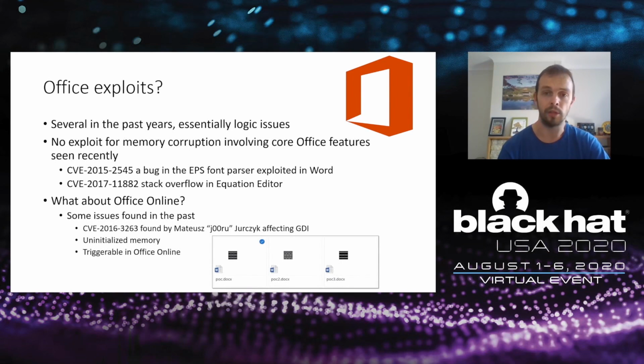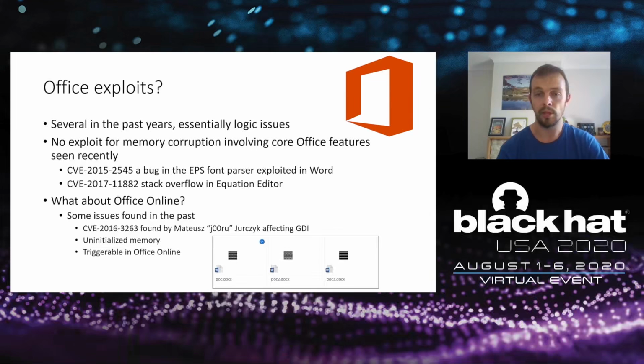What about Office Online? When I initially did that research, I had never seen an exploit for Office Online. We've seen bugs. I'm thinking, for example, about something that Joly from Google reported to us a couple of years ago. The history of this vulnerability is that he found an issue in GDI, and he managed to trigger it through a Word document.